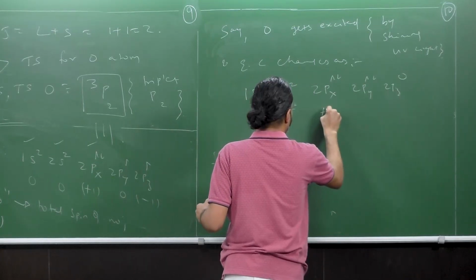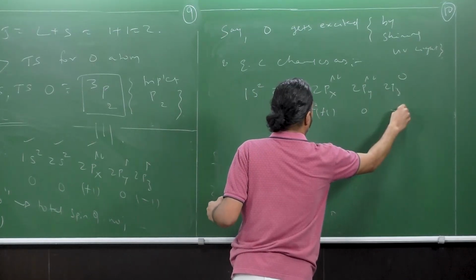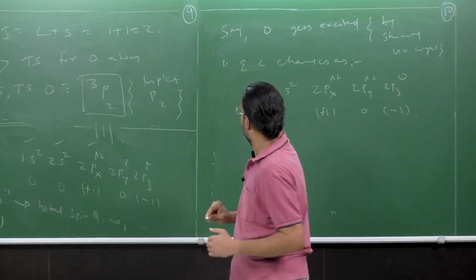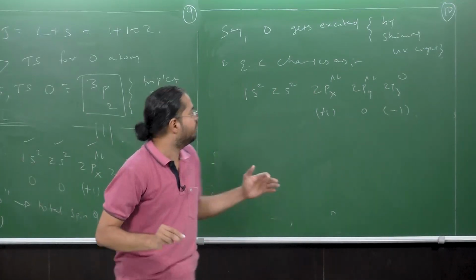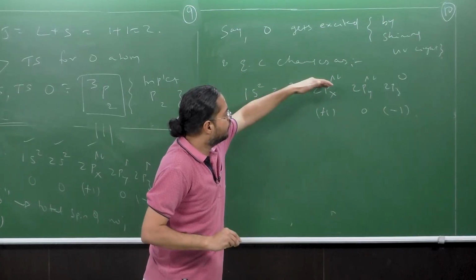In other words, this is m_l equals +1, 0, and -1. So let us say that the electronic configuration simply changes in the following way.